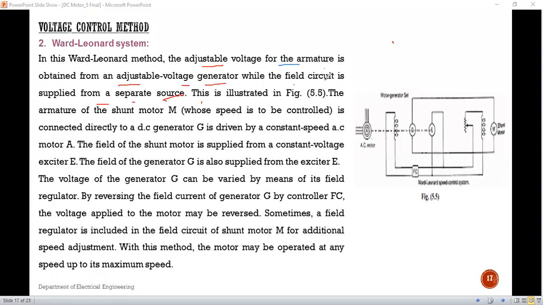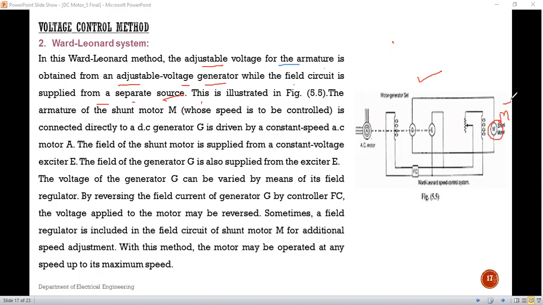Now this schematic is illustrated in this diagram. Here M is the motor whose speed is to be controlled.